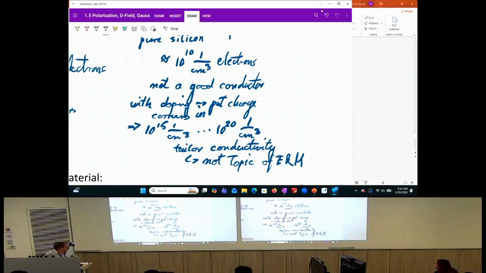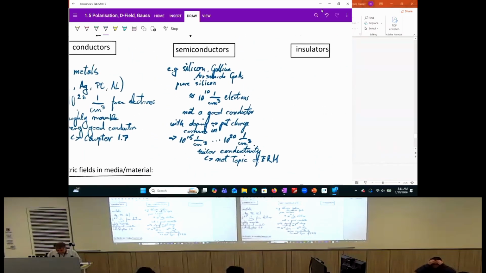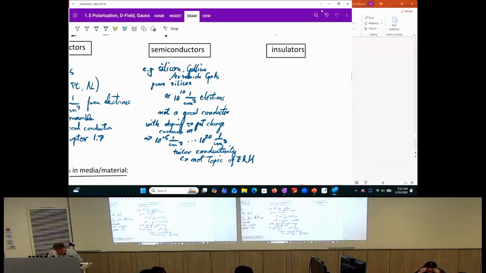So you modify, and of course, then it is also sensitive to the temperature, sensitive to what potential you apply there. So this semiconductor is in that sense in between.